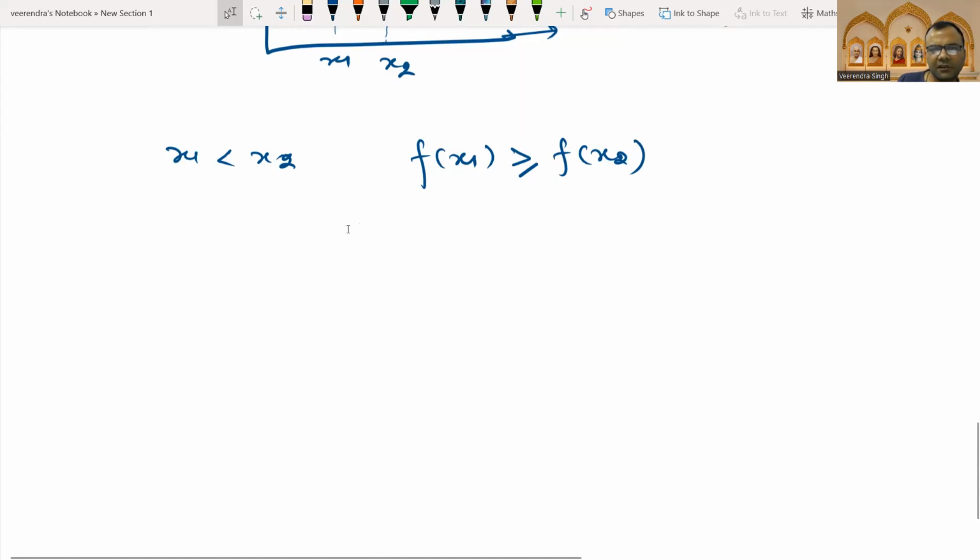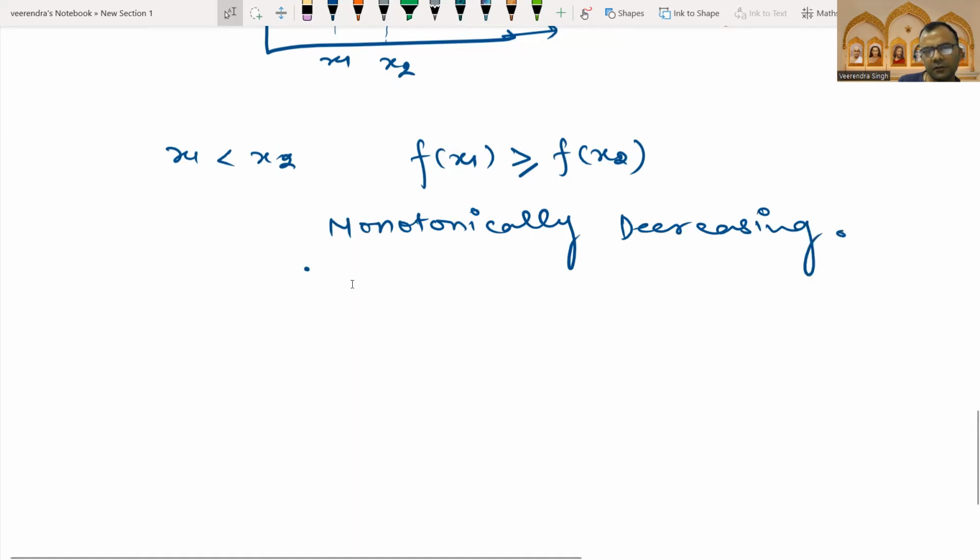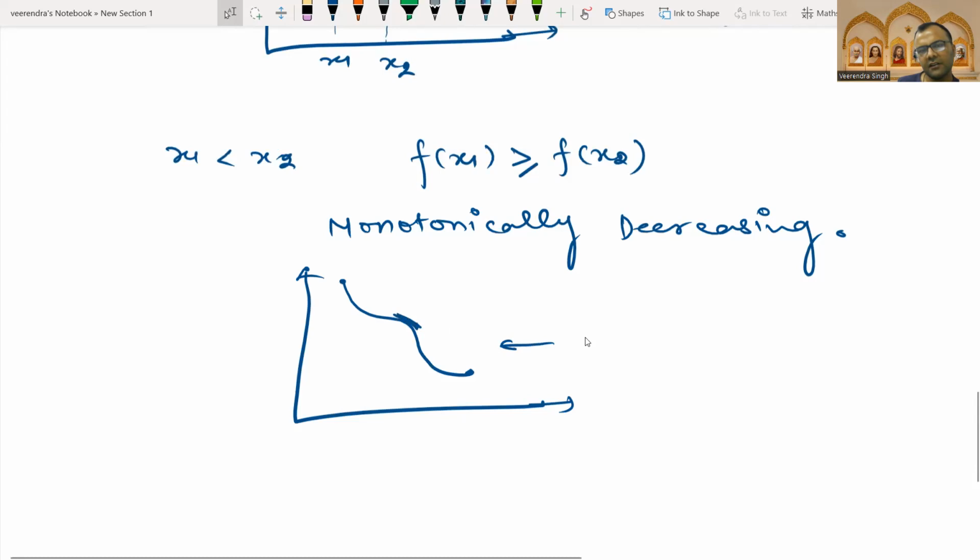So in that case, we will say that the function is monotonically decreasing. Suppose we have a function f of x and its graph is going like this. So here we can see that at some x1 and x2, the value may be equal. So in this case, we say that the function is monotonically decreasing.